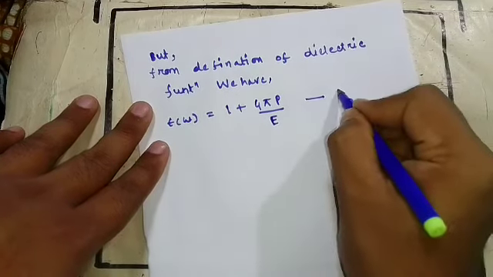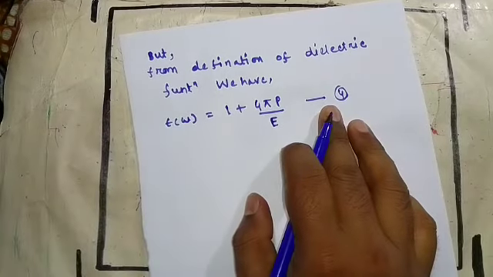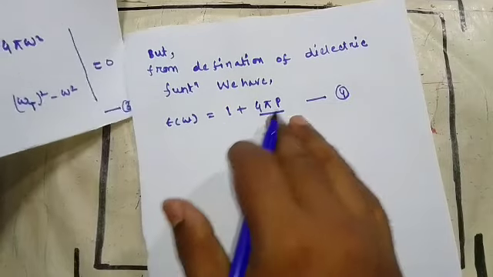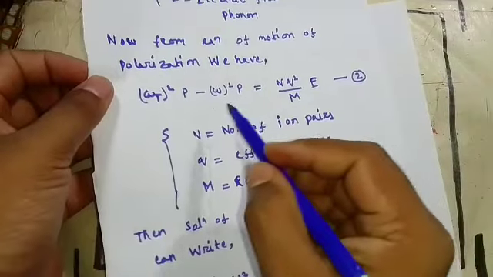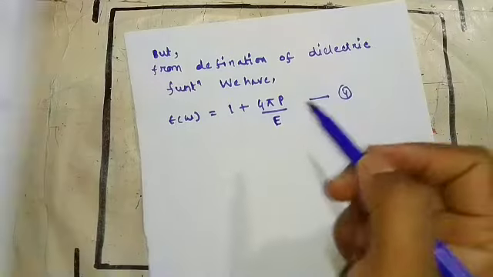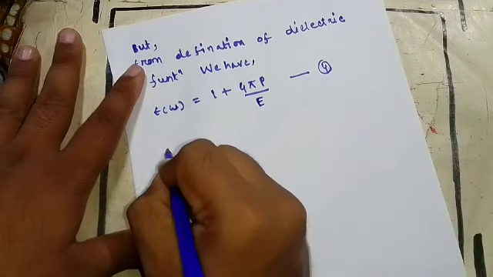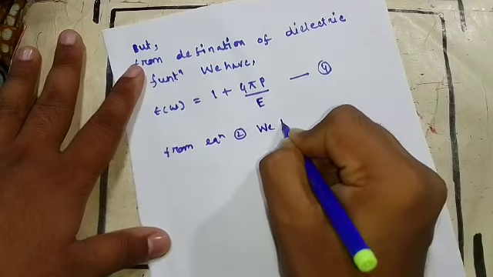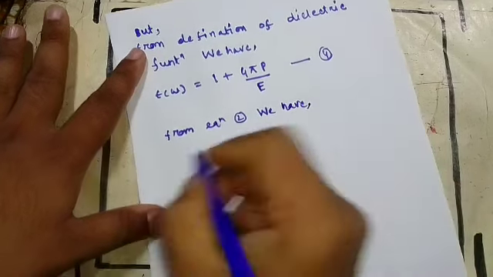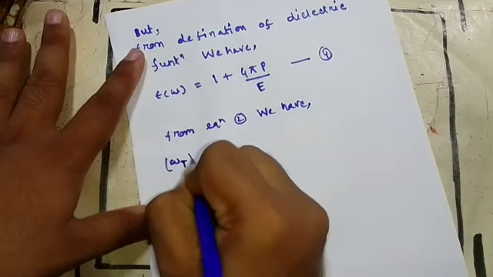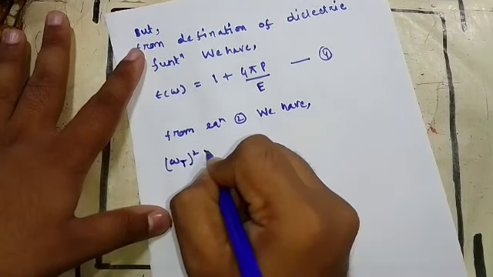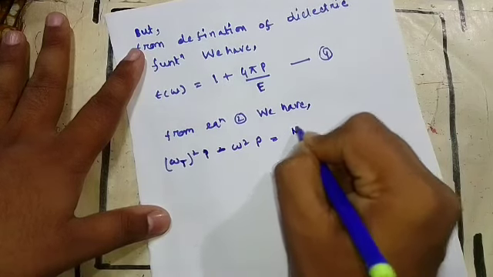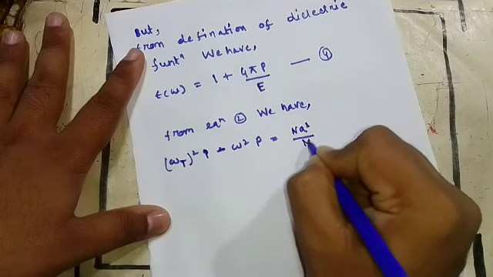Okay, this will be equation 4. Now I just substitute the value of P with the help of equation 2. According to equation 2, we have omega t square p minus omega square p is equal to n q square e by m.